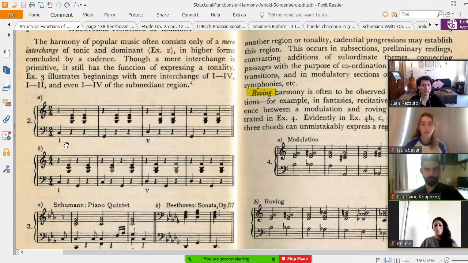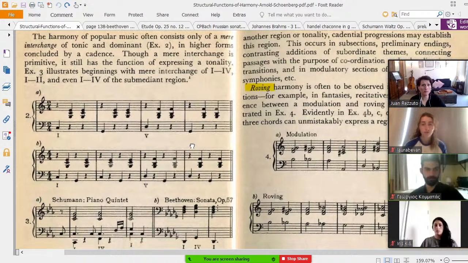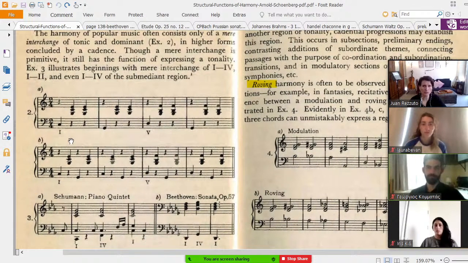So if you see here, even a very simple one. What I don't understand is why this says 2/4 and there are 3 crotchets. That's, yeah, I'm still thinking about that. Oh well, I don't know. We have an extra one.